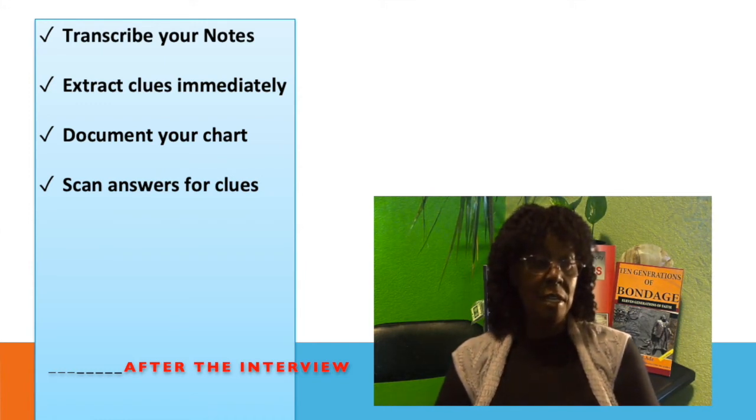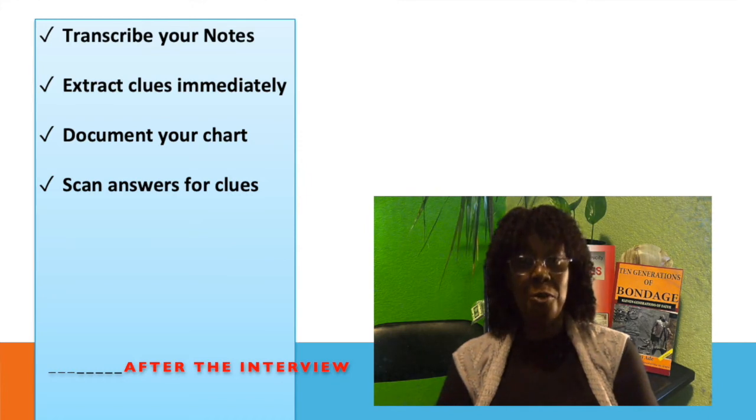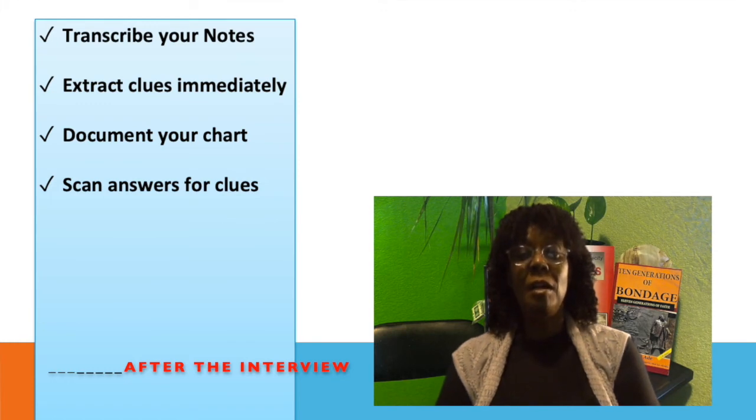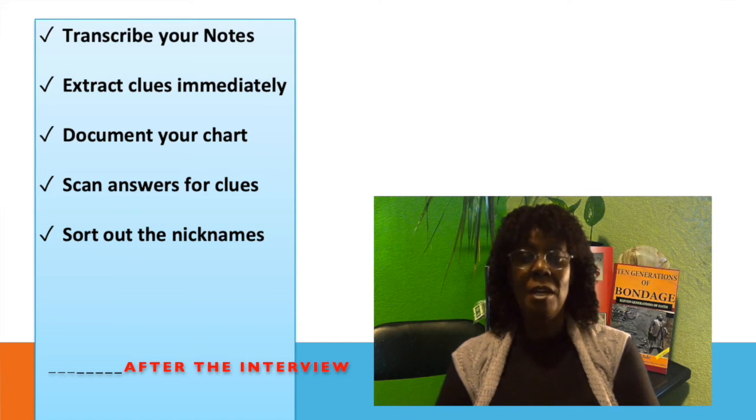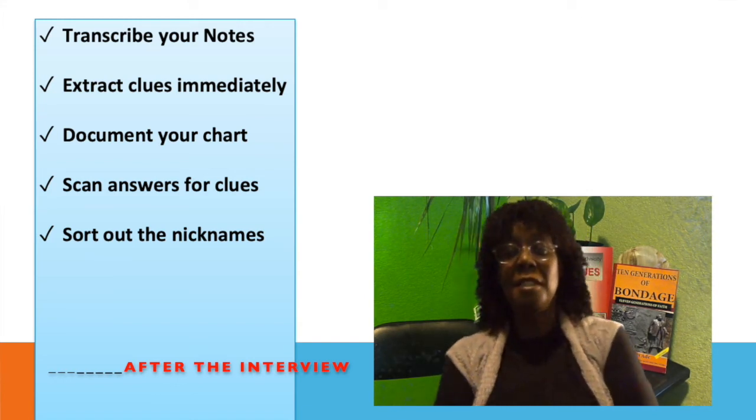Another thing that I want to caution you about is that when you're doing your oral history or family research, a lot of times there are nicknames that come up. So if you can, while you're doing your oral interview, try to figure out what the given name was for that nickname.